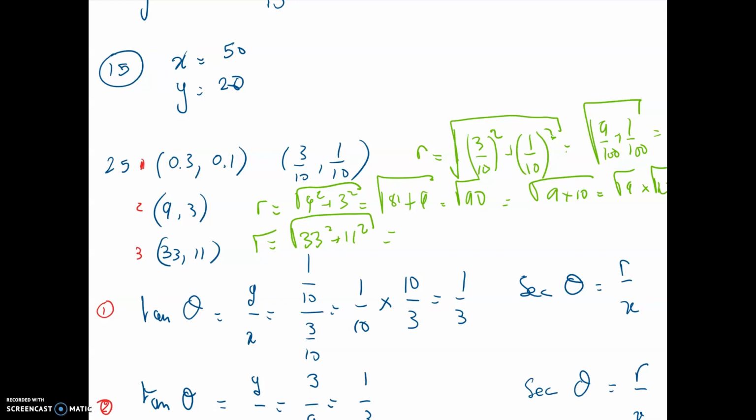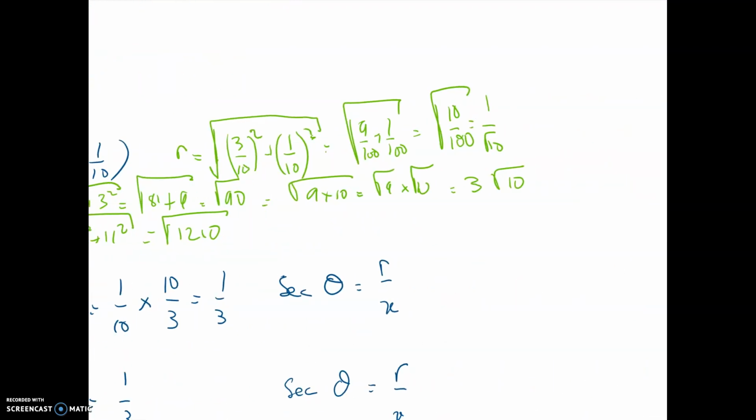So 33 squared plus 11 squared. And if I take the square root of that, it's going to be the square root of 1210. And if I take the square root of this, hopefully it will be an easy square. No, it's not. So it's going to be the square root of 1210.